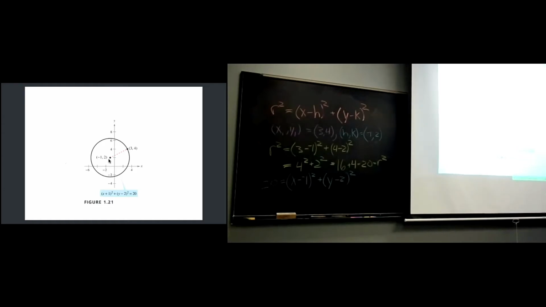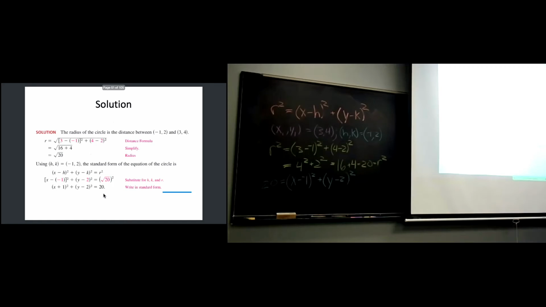So what we're finding is the equation of this circle right here. We start off by finding the distance or the radius between these 2 points. And then replace r with that and just throw x and y back in. So what that looks like, they kind of skip over a step here. They don't explain why we use the radical here.